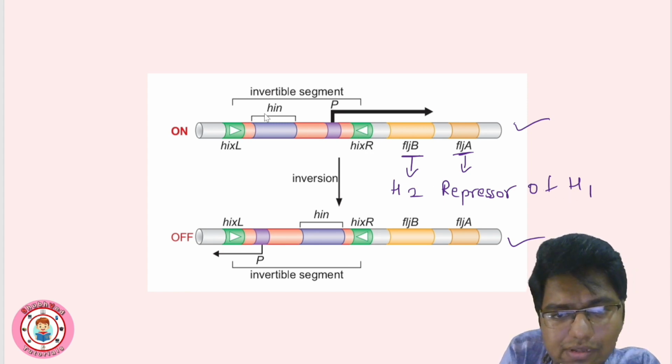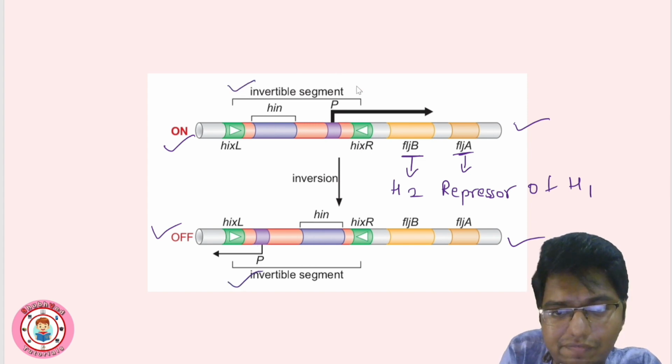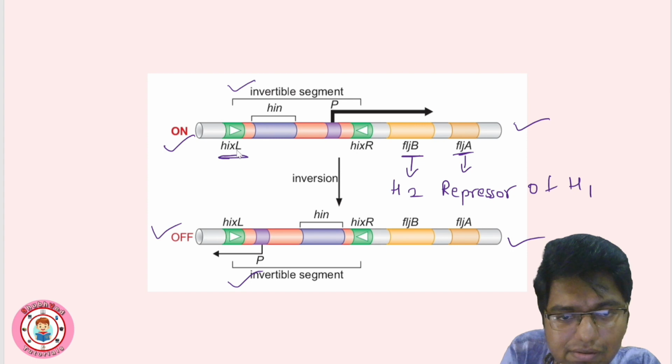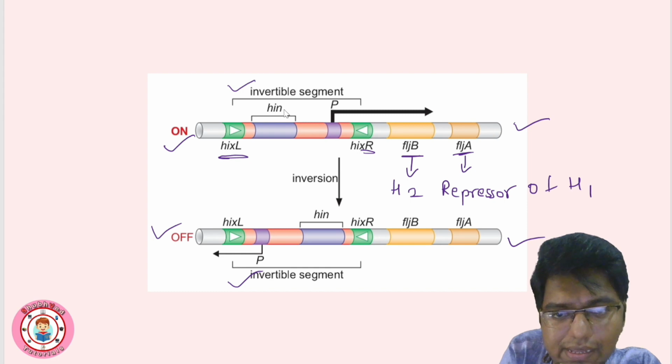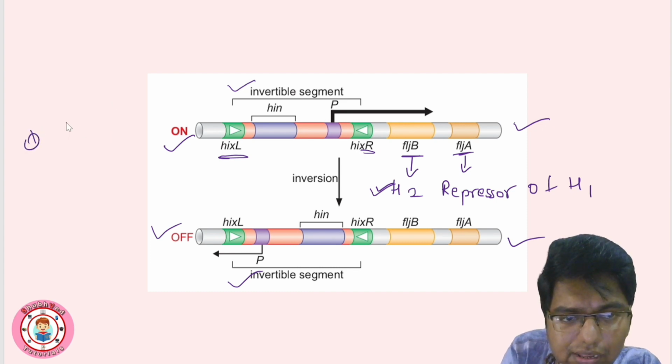Now these are the two situations, on and off. This is the invertible segment, which will get inverted. When this is the orientation, the Hix L stands for left side and R stands for right side. Now Hin is there. In the on situation, H2 flagellin is being synthesized.